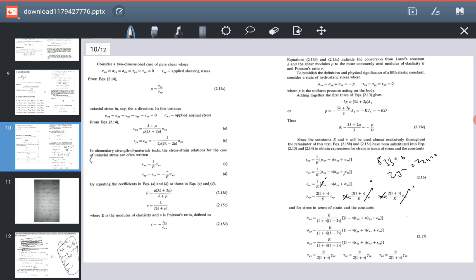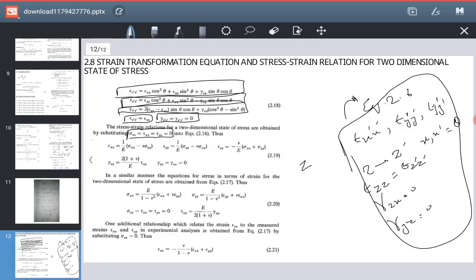So the equations which I'm going to get in the end are these equations.